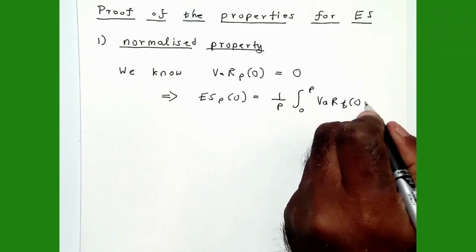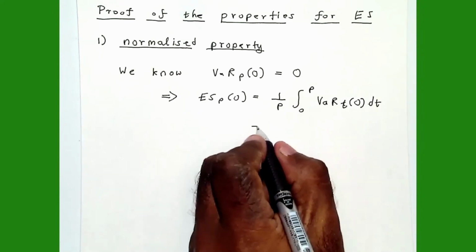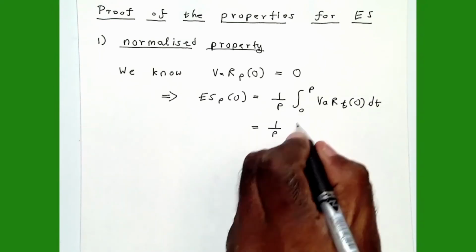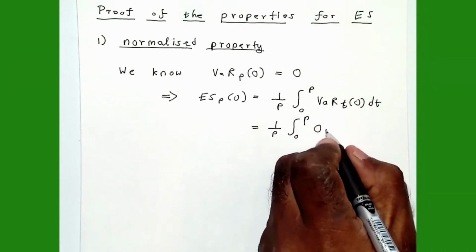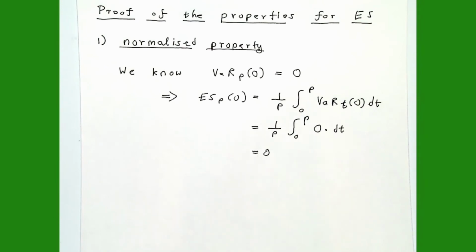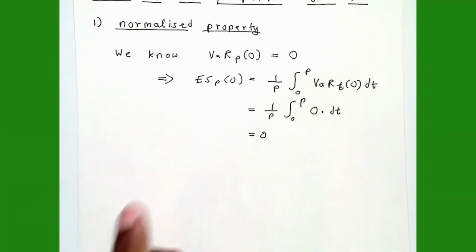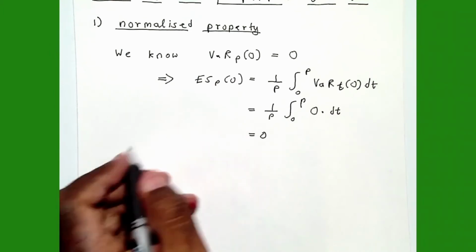You may recall from the previous video, this is the formula. So this is 1 over p times the integral of 0 dt, which is 0. So hence, we have proved that the expected shortfall at 0 is equal to 0.